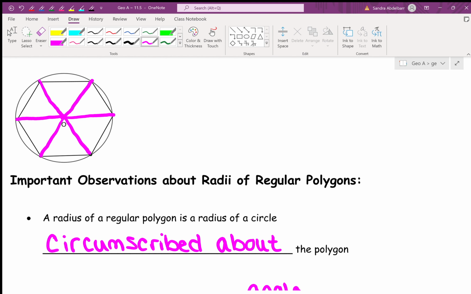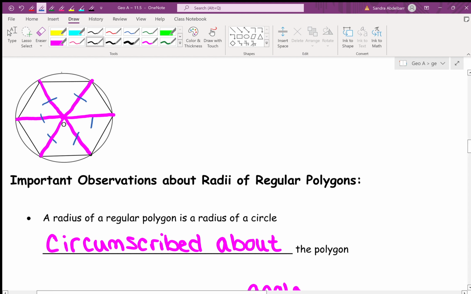Triangles. What is special about these triangles? What kinds of triangles are they, I should say? They're not equilateral because all radii are congruent. Does that necessarily mean they're congruent to the bases also? No. So it's not equilateral, but they are isosceles. They're not equilateral, but they are isosceles triangles.